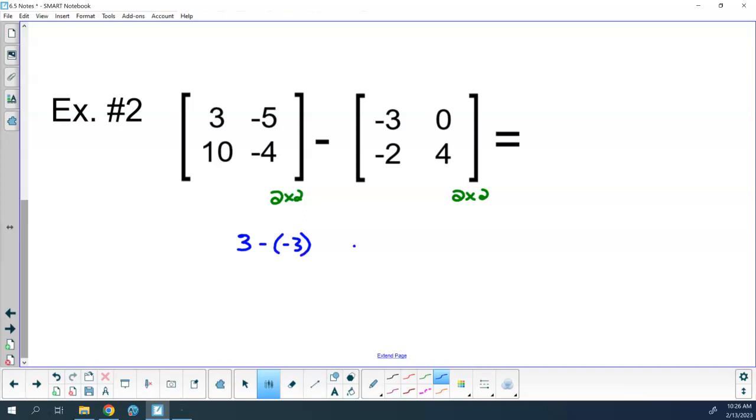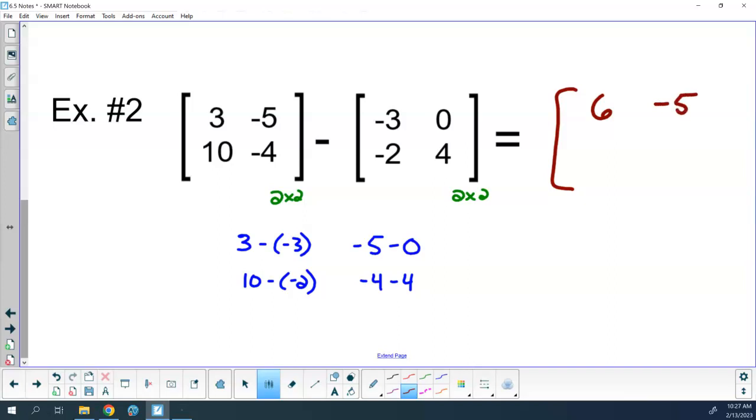Then I would have -5 minus 0. Then 10 minus -2. Then -4 minus 4. And that would give me, as a resulting 2 by 2 matrix, 6, -5, 12, -8.